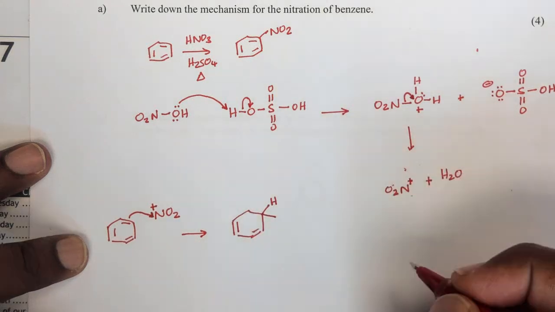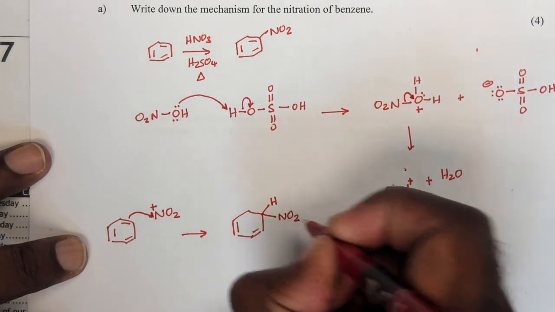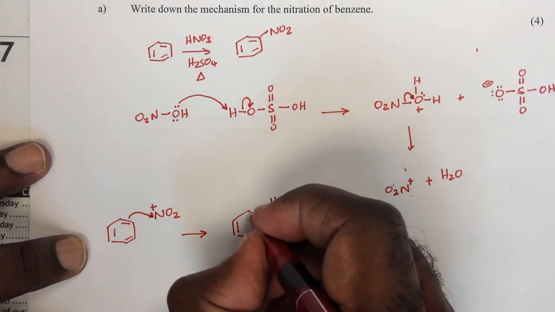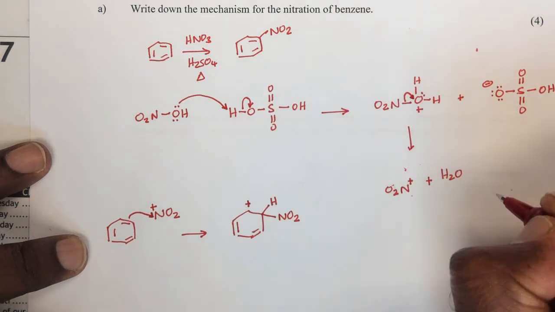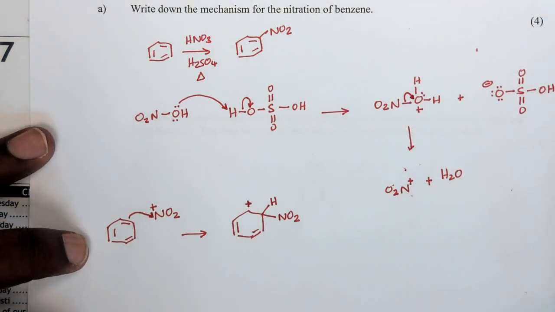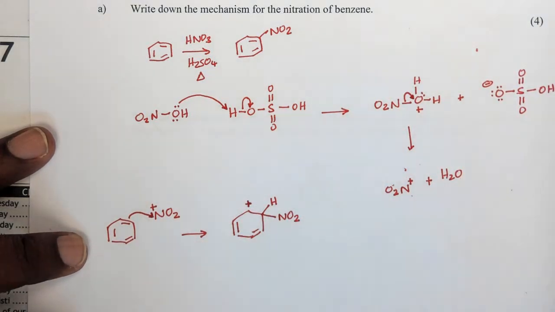Remember, there was already a hydrogen on this carbon. We're just now adding a nitro group on there. I've taken electrons away from that carbon atom, and if I take electrons away, I'll be 1 short. So it becomes a cation, and this is my carbocation intermediate.